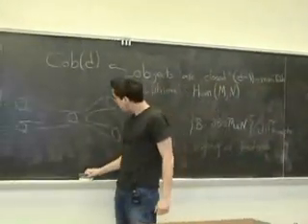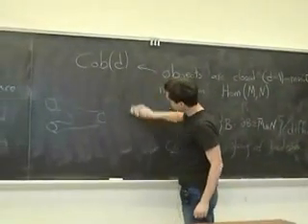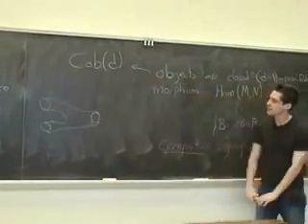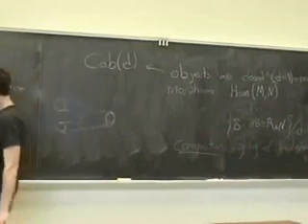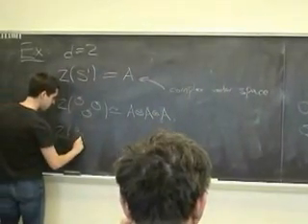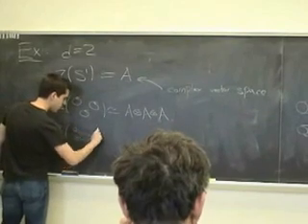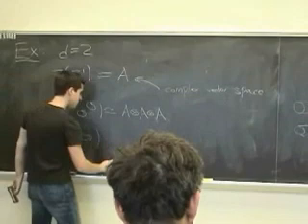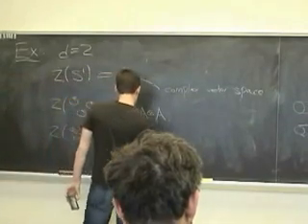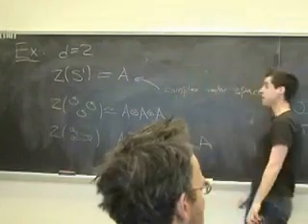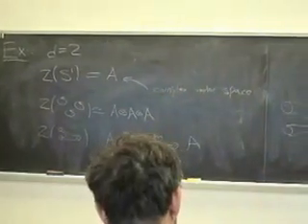So here's a particularly interesting morphism that I've drawn for you already, called a pair of pants. If I evaluate Z on that pair of pants, it's a bordism from 2 circles to 1 circle. So this is supposed to give me a linear map from A tensor A into A. Let me call that linear map M for multiplication.